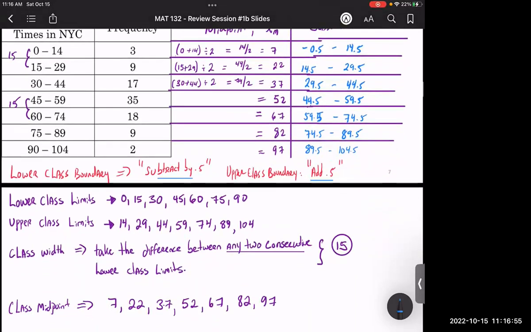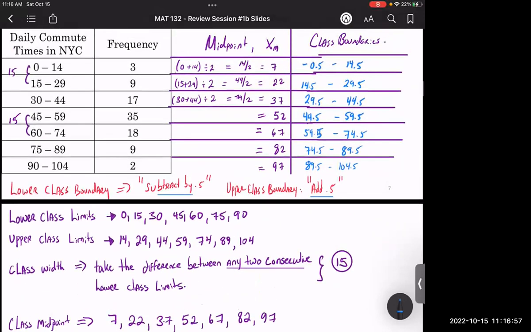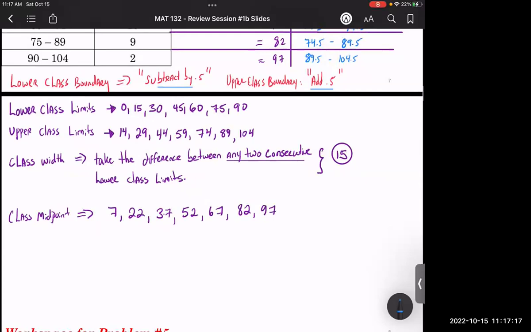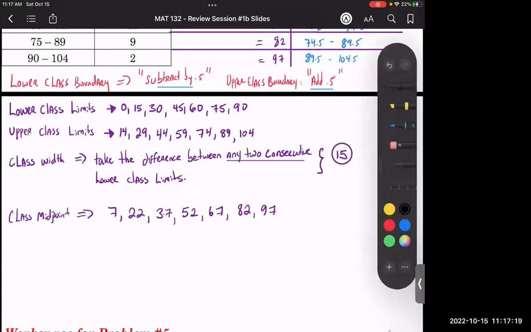So if you want to list on MyLab all the class boundaries in order, you would take all the lower class boundaries, negative 0.5, 14.5, all the way down to 89.5, and then you would include the very last upper class boundary. So those values are going to be the following.